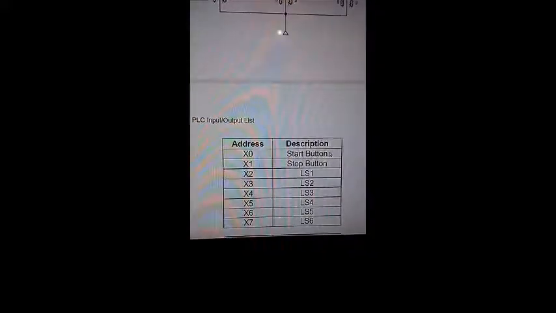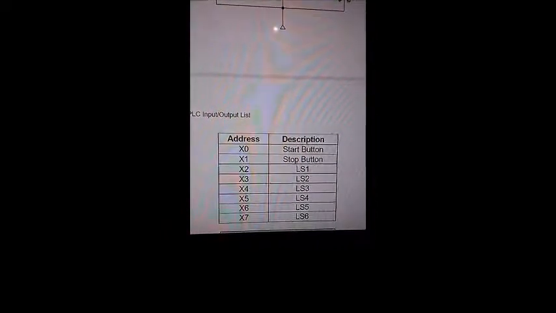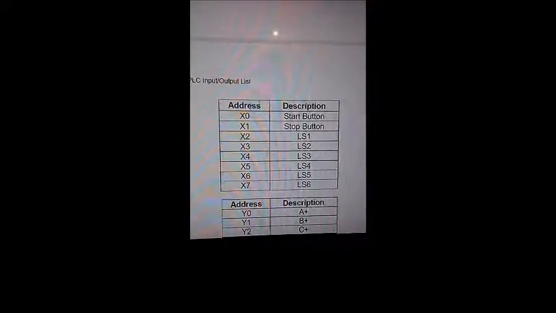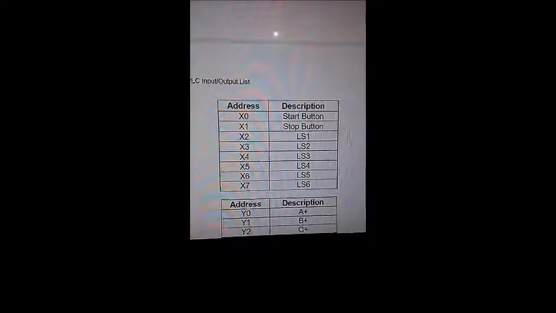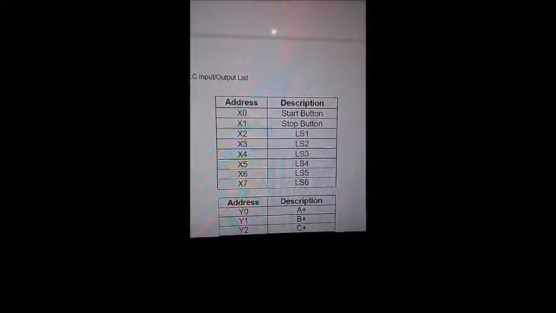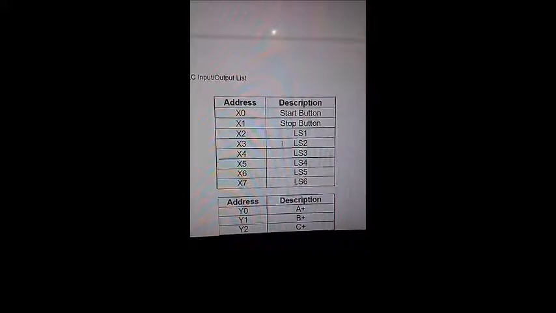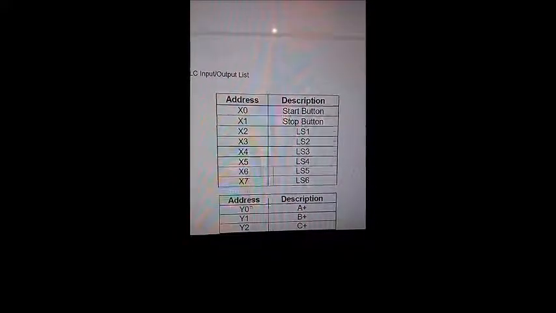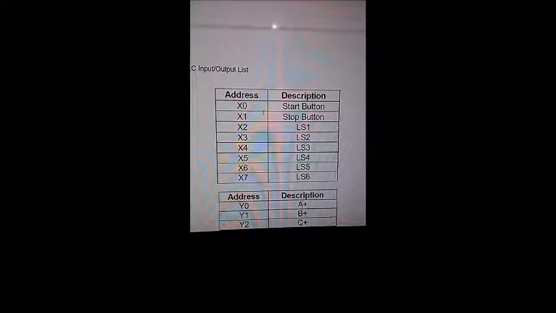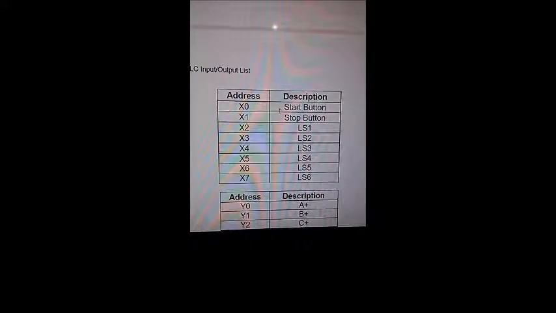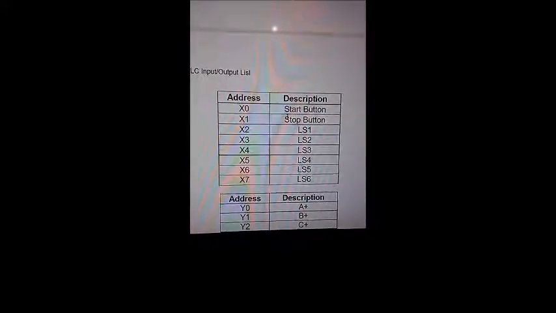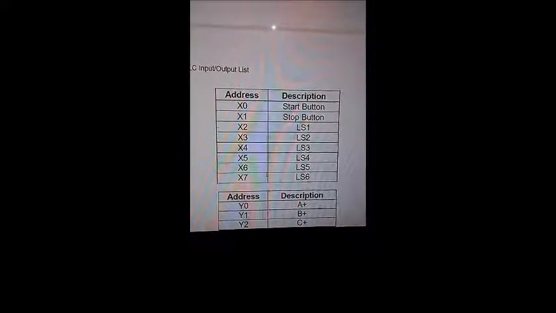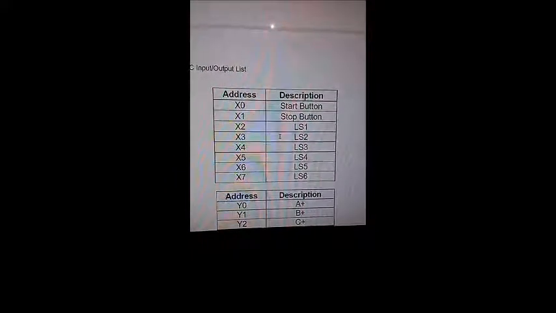Now we will proceed to the PLC input-output list. The first table shows the input of the PLC. The addresses X0 to X7 are located at the PLC Mitsubishi device, and the description, start button and LS1, are the connections between the PLC and the other devices, such as X0 and X1 to the push buttons that will start and stop the whole circuit, and X2 to X7 are connected to the double acting cylinders.